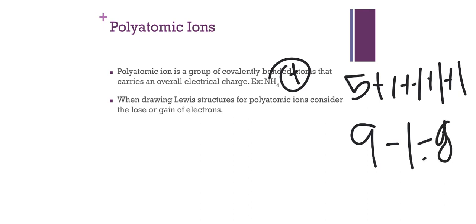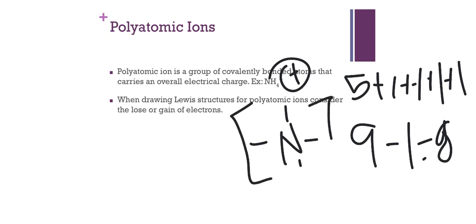So to show this charge for NH4, I'm going to be surrounded by 4 hydrogens, and I'm not going to have an extra electron because, again, I've lost that due to that charge. Another thing that you use when you represent polyatomic ions is you always use brackets. So the entire Lewis structure would be in brackets, and then you would put the charge outside of the brackets. So this would be an H right there.